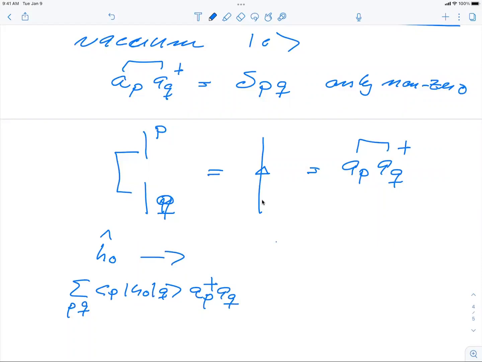That is something which we would label without any arrows because we hadn't done any contractions yet. So when we don't put arrows, these are undefined. It's undefined whether we are particle states or states below the Fermi level. So we would typically just put signs like P and Q like that.